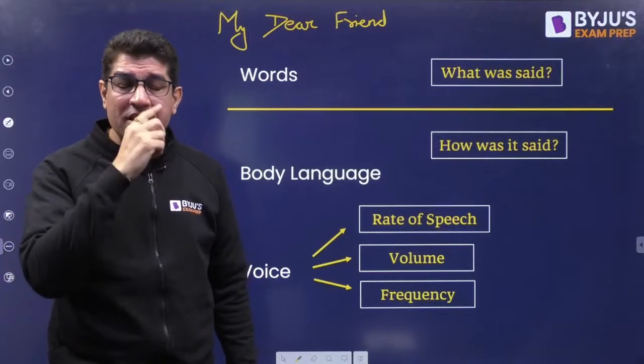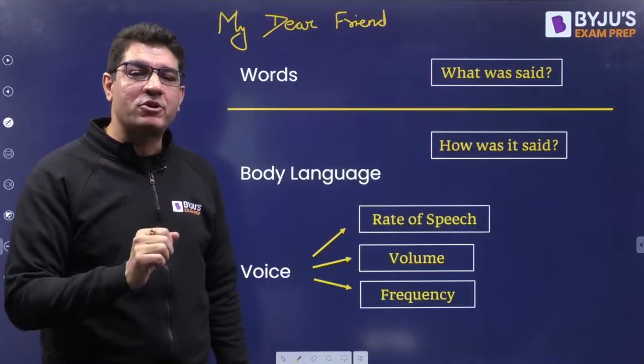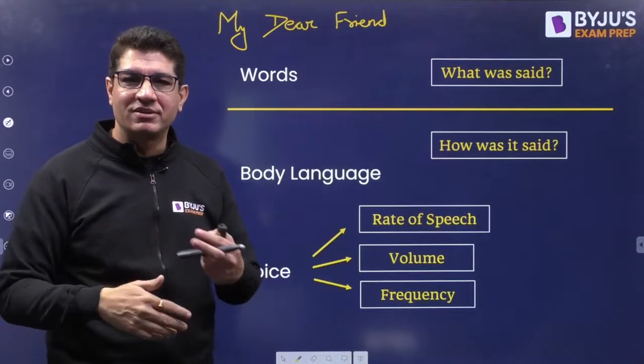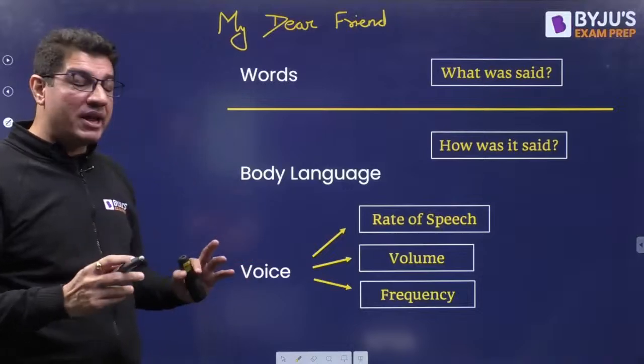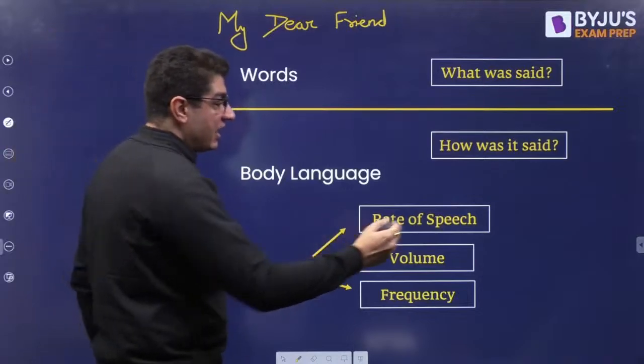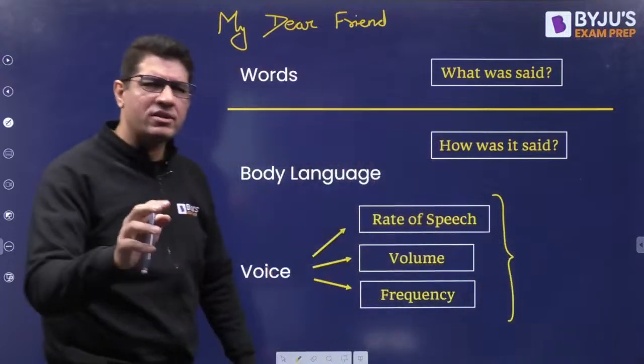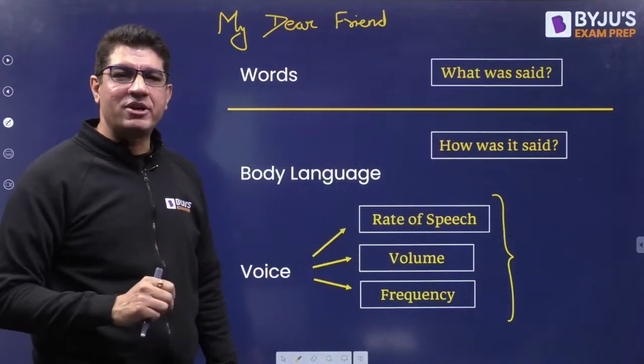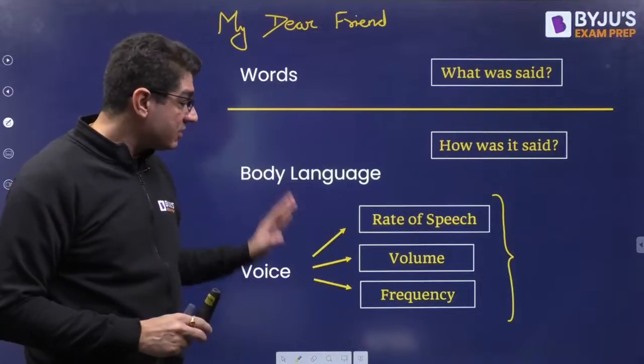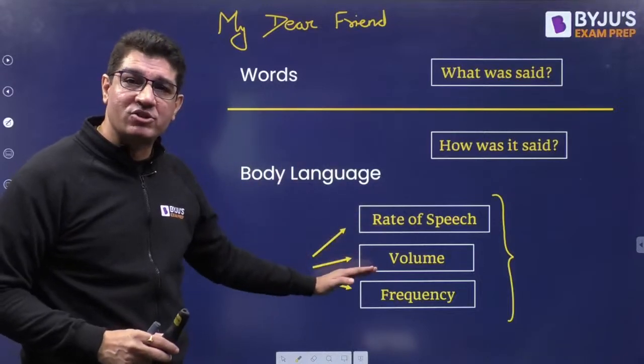So that's the difference. Normally you would see a lot of people talk about voice modulation. When they say modulate, what they're basically saying is that you should change these 3 things in your sound. So in case you are somebody who wants to become a more effective speaker, this is what voice modulation is all about.